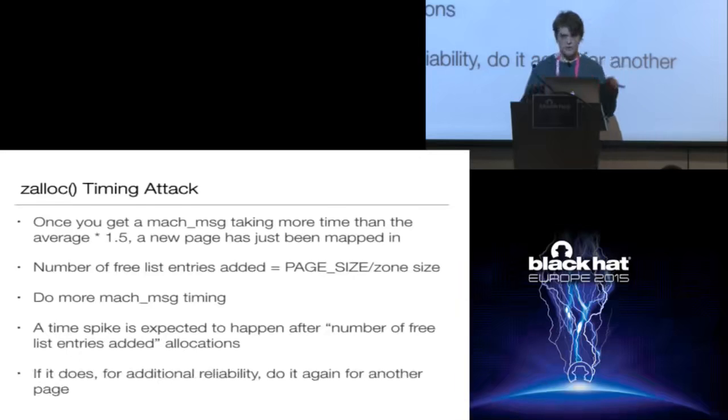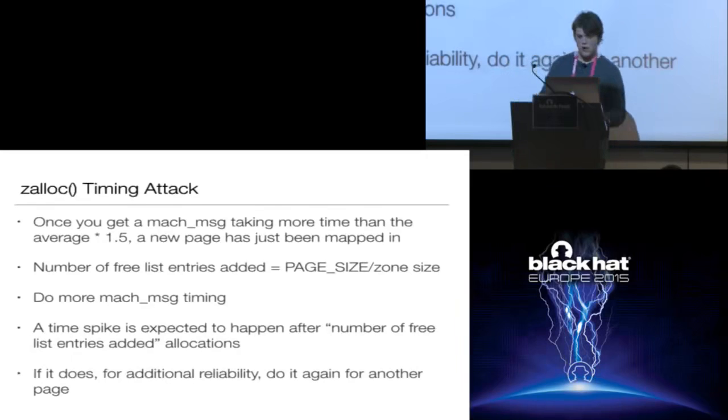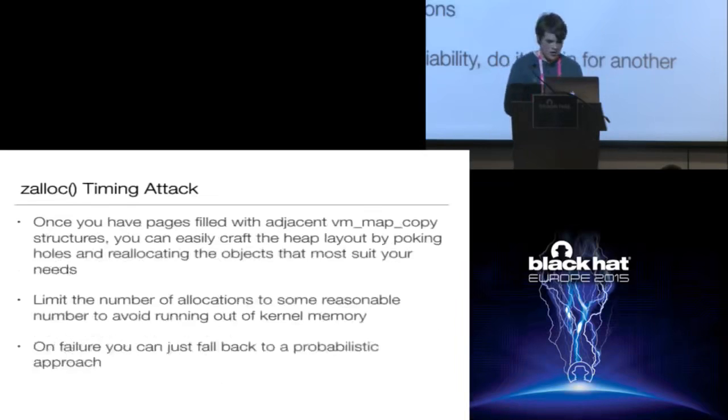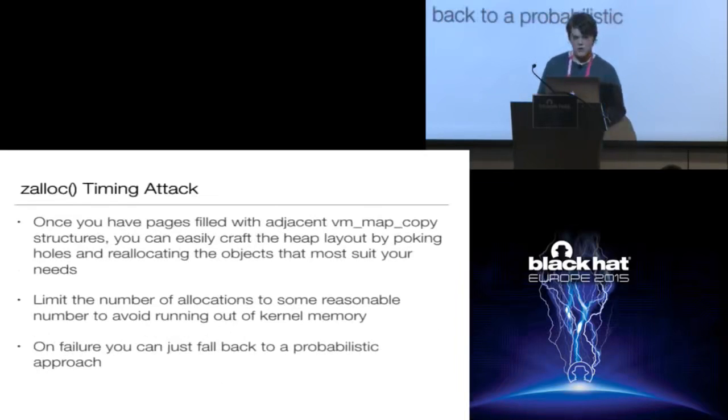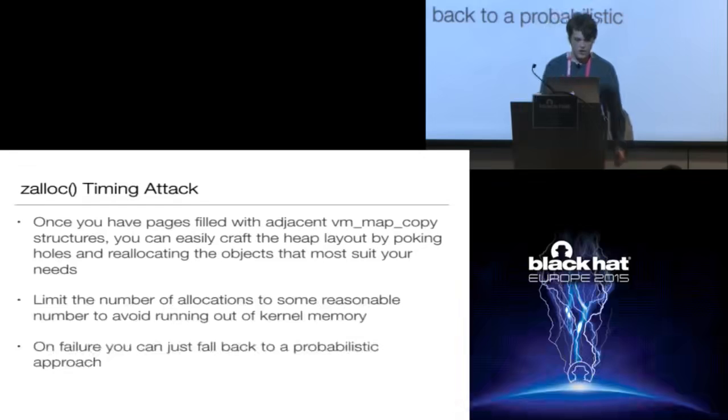You can do this for multiple pages, because if you run out of a page, you create a new page, and if you create the same number of allocations, the page will run out, so you will allocate a new page. You can do this over and over to have additional reliability in your exploit. You can easily craft the heap layout by poking holes in the allocated page.